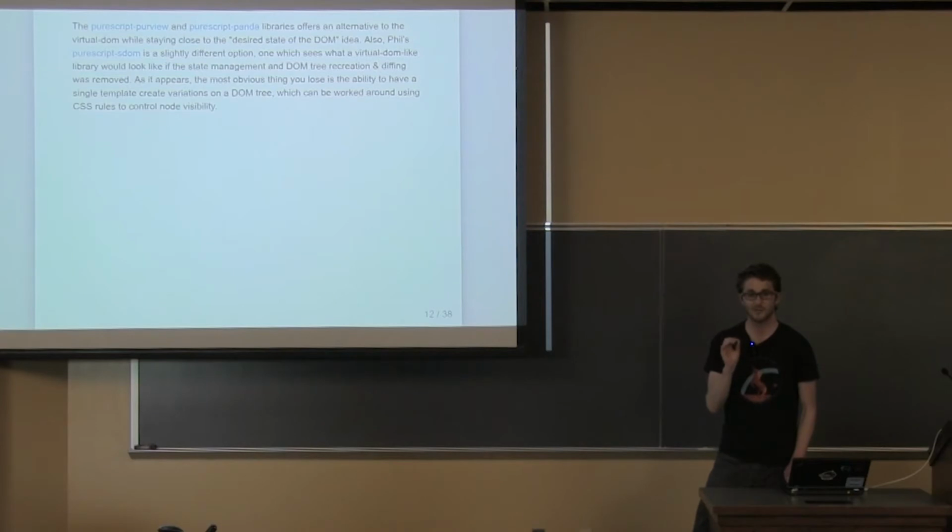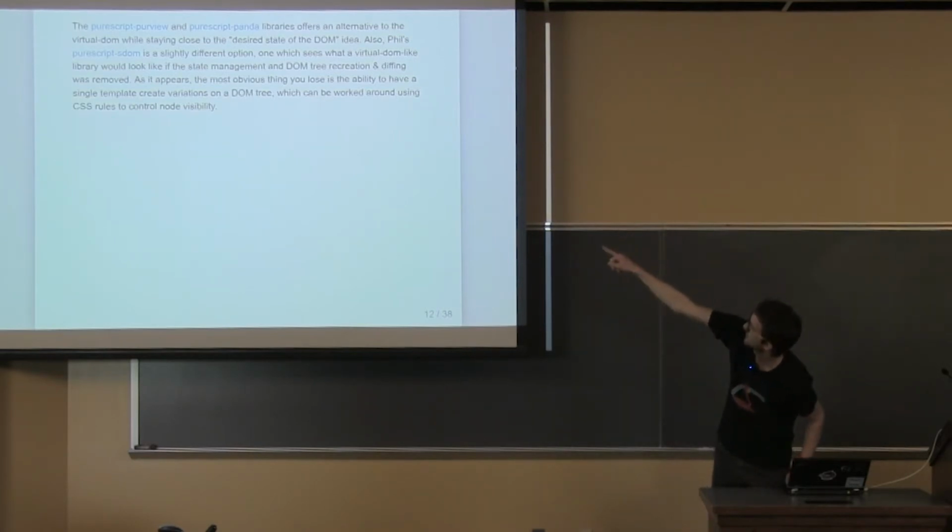But the reason I bring that up is that in the PureScript community, there are some alternatives to the virtual DOM. So you can program as if you're having a desired state tree, like what the virtual DOM does, but you're not using the virtual DOM. You're not duplicating every DOM element in JavaScript memory.